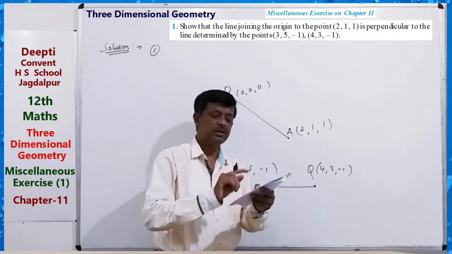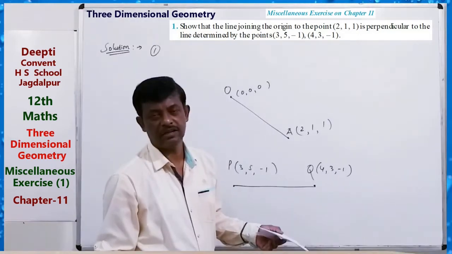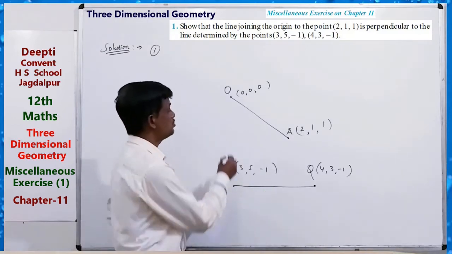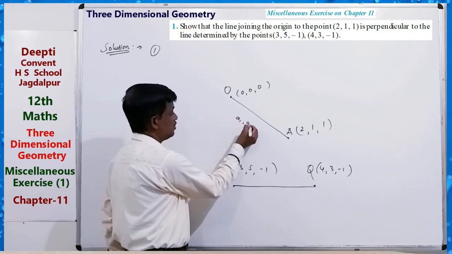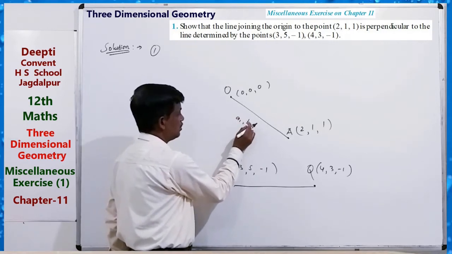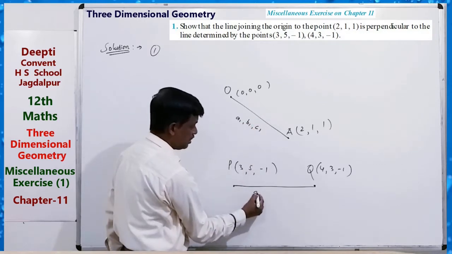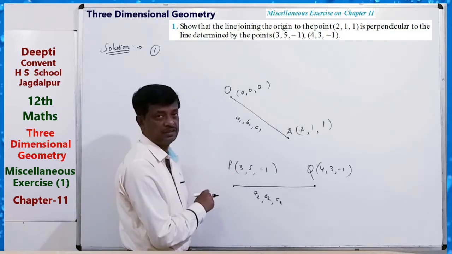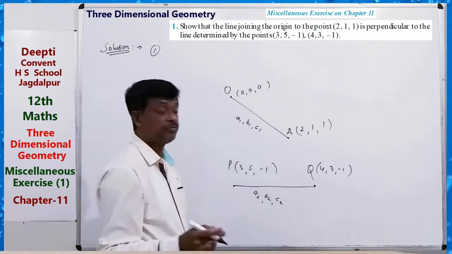For perpendicularity of two lines, we know their direction ratios. Suppose A1, B1, C1 are direction ratios of this line and A2, B2, C2 are direction ratios of this line. Then they are parallel or perpendicular when?